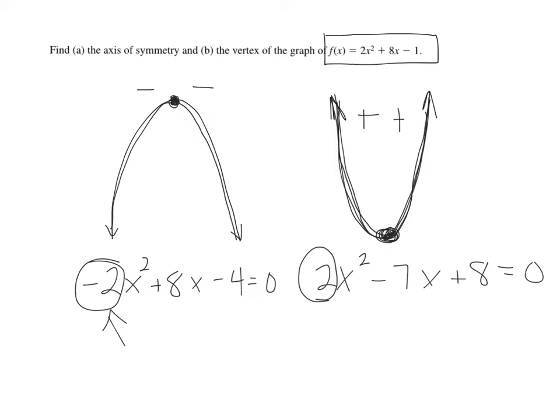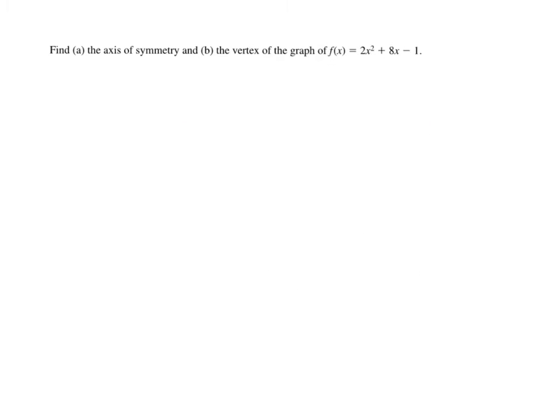Let me clear this up. We'll start talking about the next part. Now the next thing we want to talk about is if we have 2x squared plus 8x minus 1. One thing we know looking at this one is that it's a smiley face.